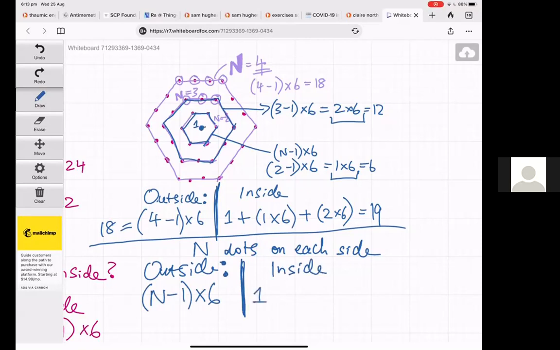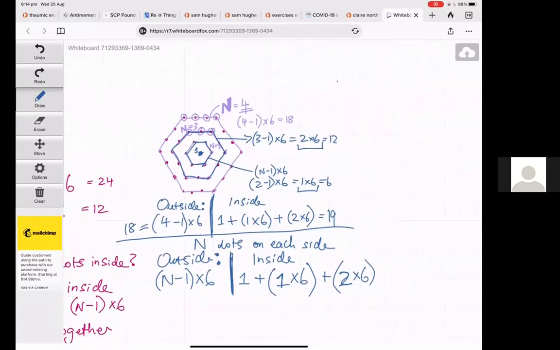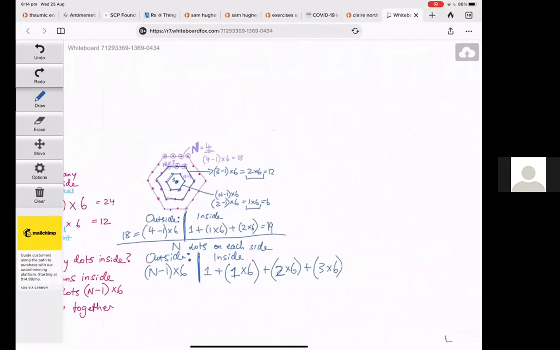We add up the 1 first, and then we start from the next biggest hexagon, which always begins with 1 times 6. And then 2 times 6 would be for the next biggest hexagon. And then we keep going, making the hexagons bigger and bigger.